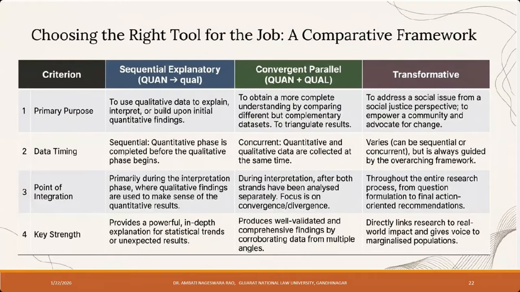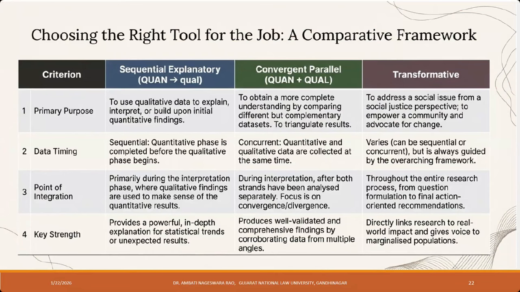So before ending this session, if your primary purpose is to use qualitative data to explain, interpret, or build on initial quantitative findings, then go with sequential explanatory. But if your purpose is to get a complete understanding by comparing different but complementary data sets, then you'll go for concurrent.